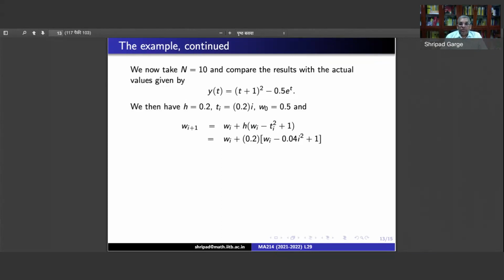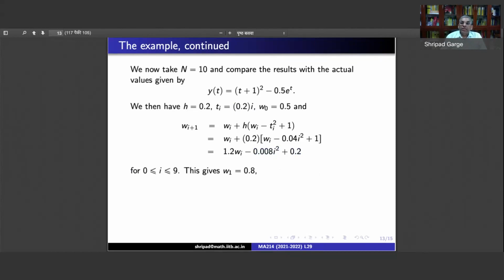And we will simply put the various values. So here h is 0.2, Ti is 0.2 into I, so Ti square will be 0.04 into I square plus 1. Simplifying this will give you 1.2 times Wi minus 0.008 I square plus 0.2. This is the formula for Wi plus 1 from Wi.